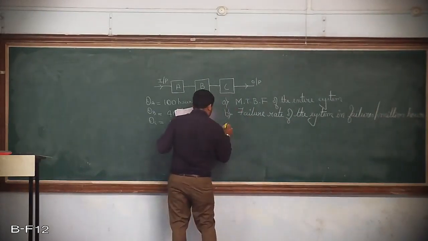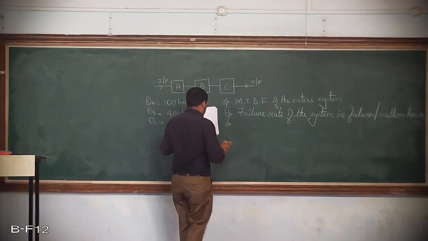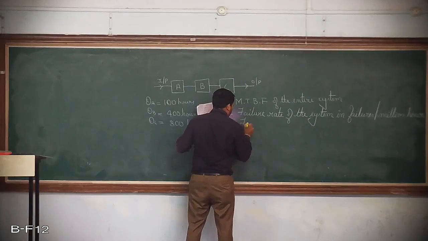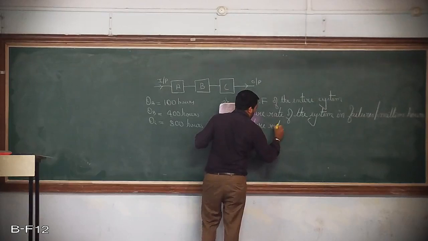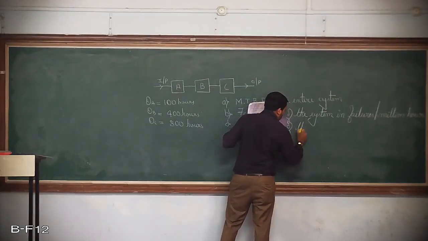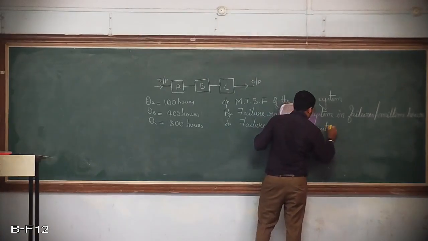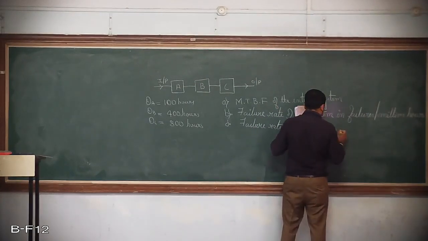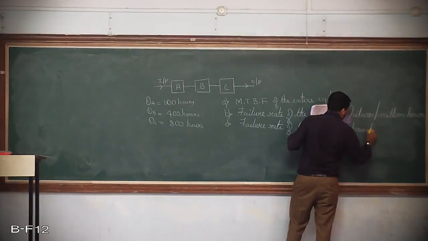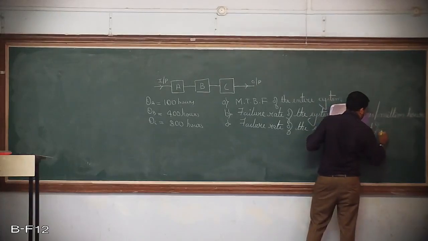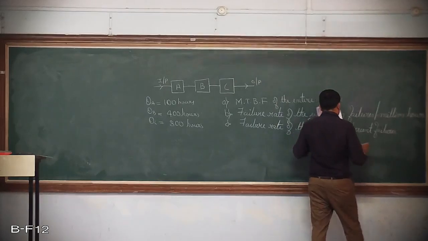The third bit, they have asked you to find out again the failure rate of the system in percent failures per 1000 hours.